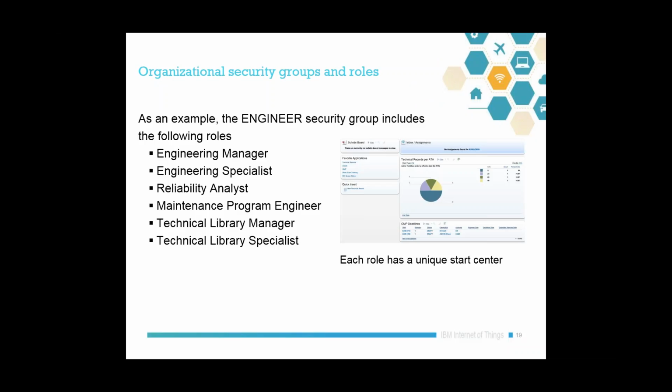If I'm a reliability analyst, I'll get the menus that are most appropriate to me. If I'm a technical library specialist, I'll get a different set of menus. Again, they can be customized, but out of the box, you're going to get, hopefully, a faster time to value, as people can be assigned to this, see the information they need to see on their start center, and then that can be evolved and customized as necessary for a particular organization.